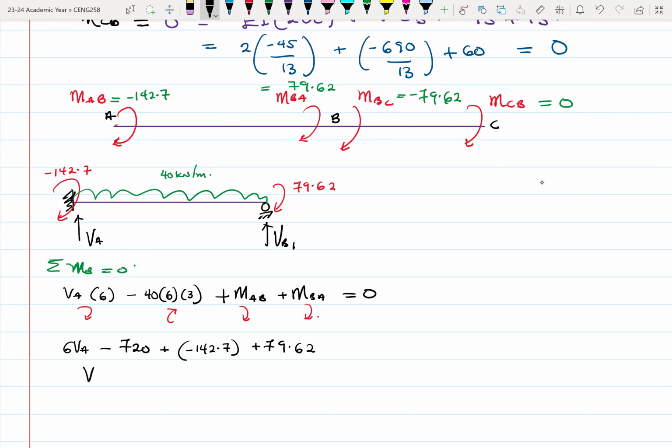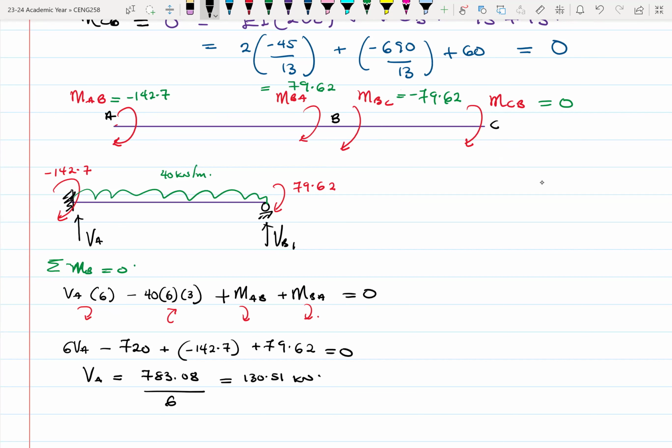This means our VA will be equal to 783.08 over 6. This will give us 130.51 kilonewtons.